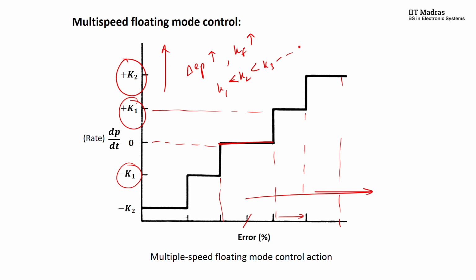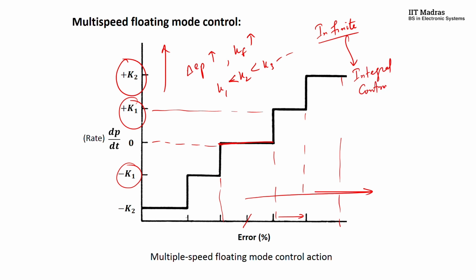So if we have an infinite number of such levels, an infinite number of such steps, then the multi-speed floating control mode would be equivalent to the integral control mode.